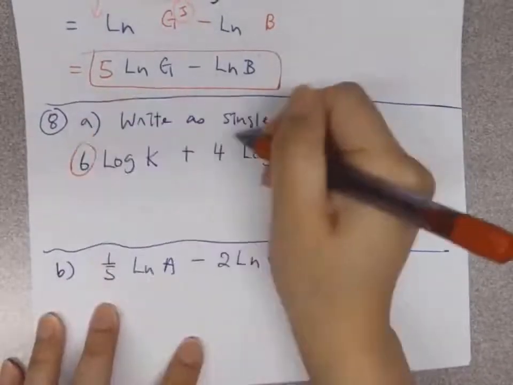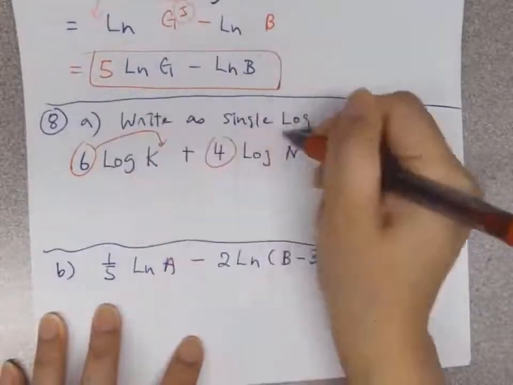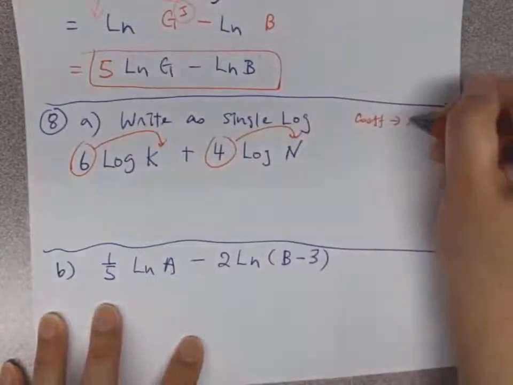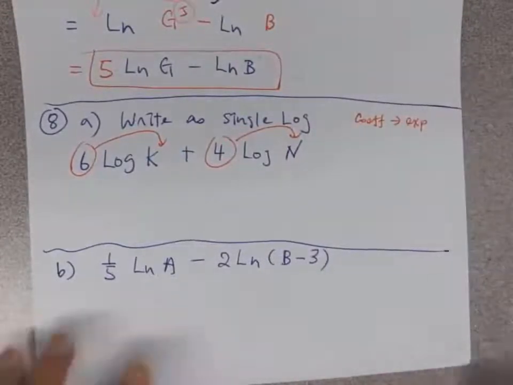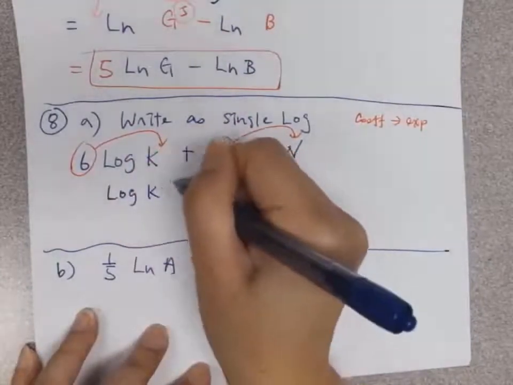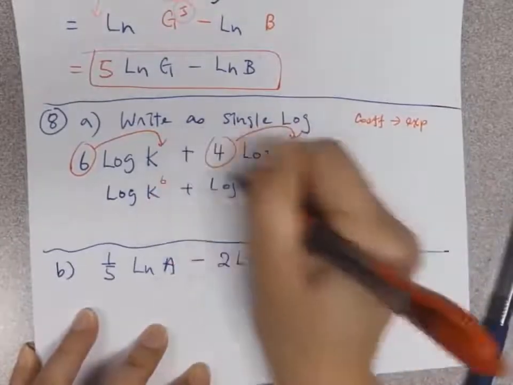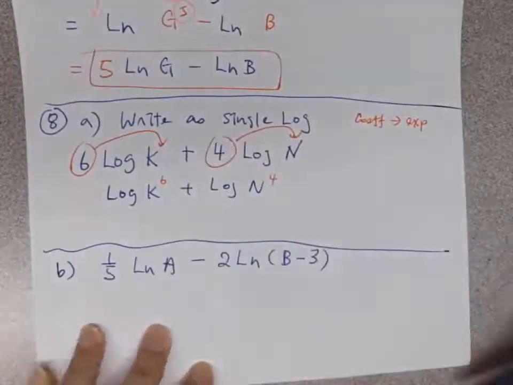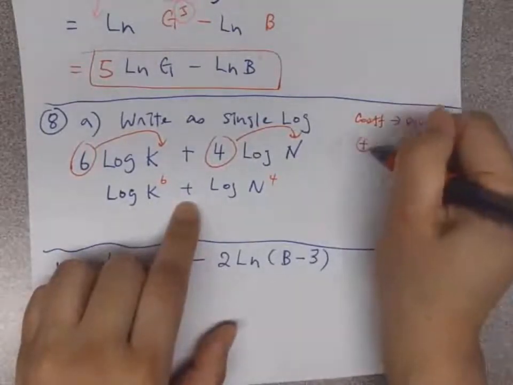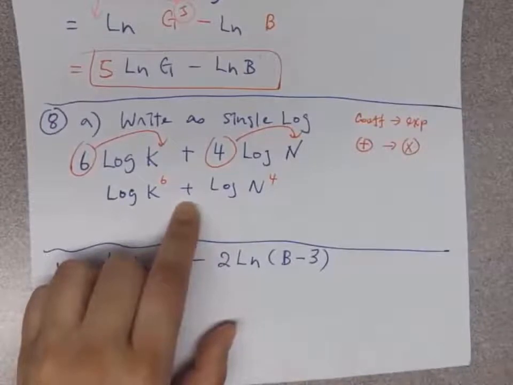Yeah, whenever you see a number in front of log, the coefficient turns back into an exponent. And then also we see addition, so it's going to turn into multiplication.